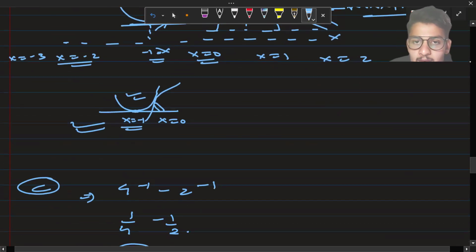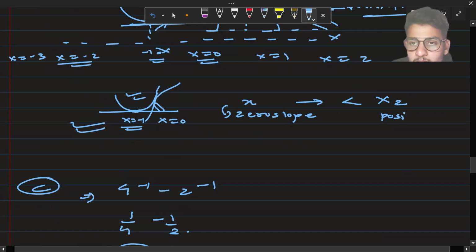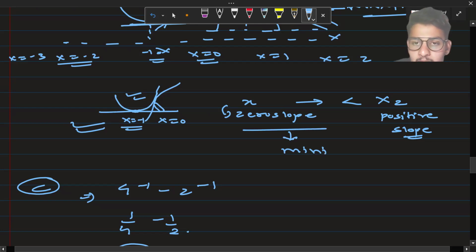Having the positive slope in this case means that it is a minimum condition.